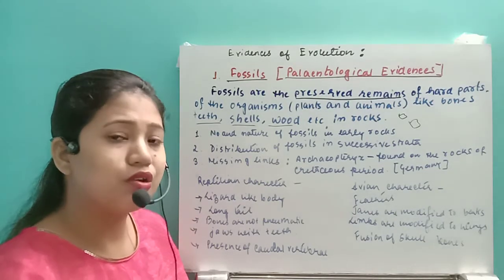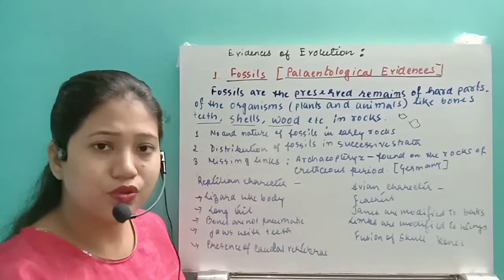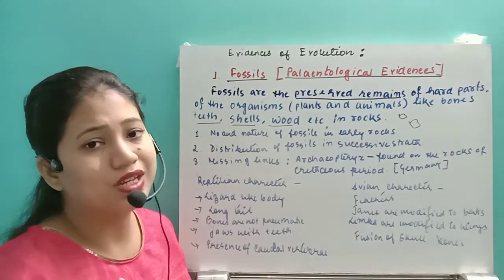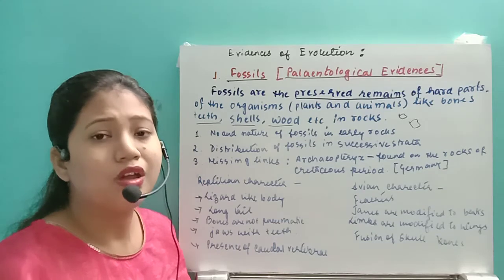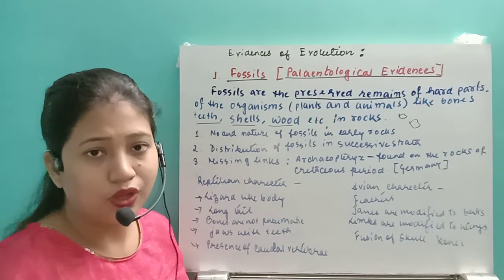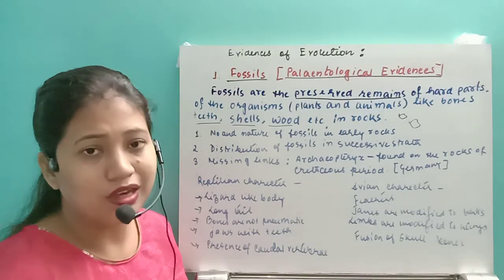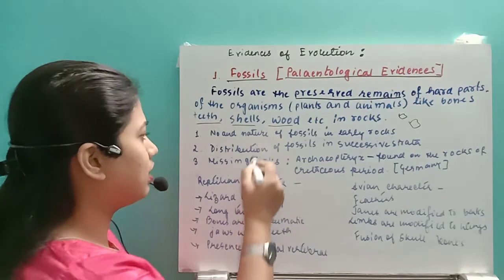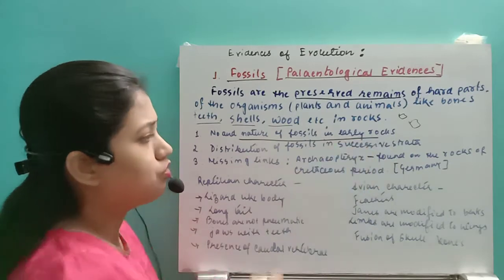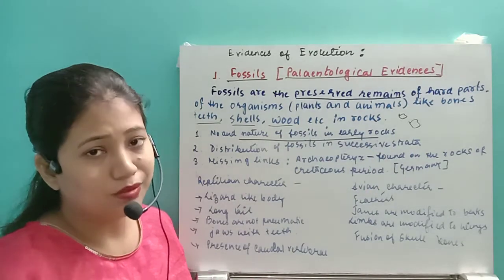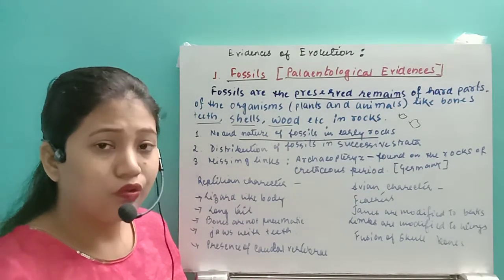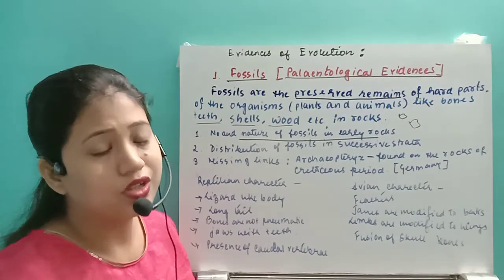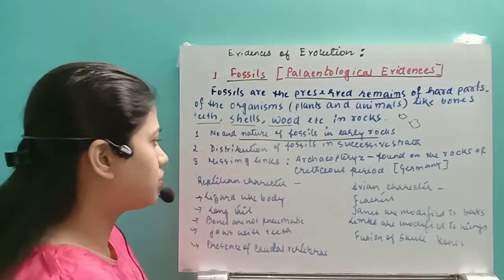If it is a rock of a newer age, the fossil is newer. If the rock where the fossil is found is very old, from an earlier era, then it is an older fossil. So the nature or age of the rock will determine in what time period the fossils were present on the earth surface.